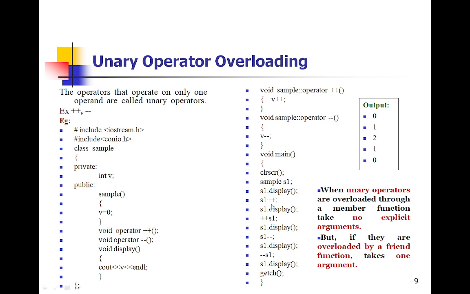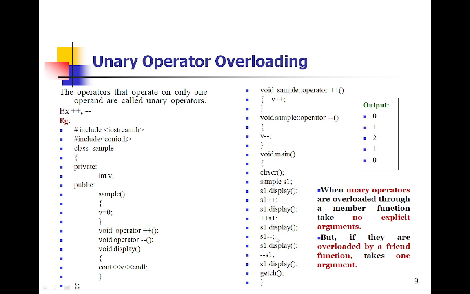Whenever the plus plus operator is invoked, the control goes to the plus plus operator member function, and it performs the increment operation within that operator function. Then we display that value.